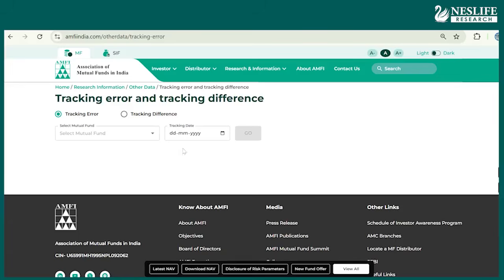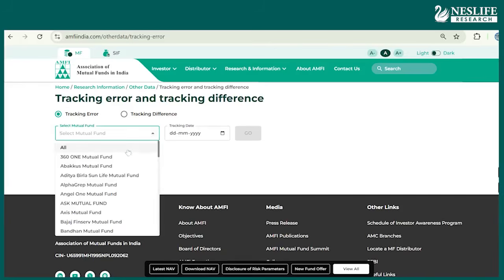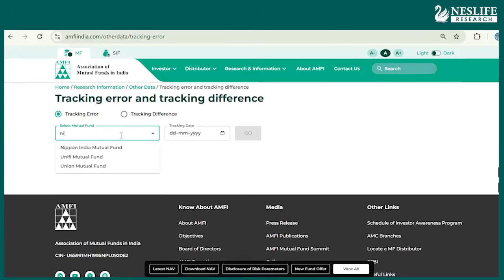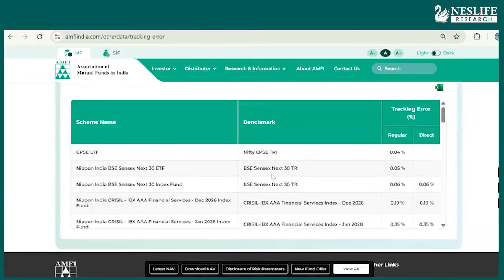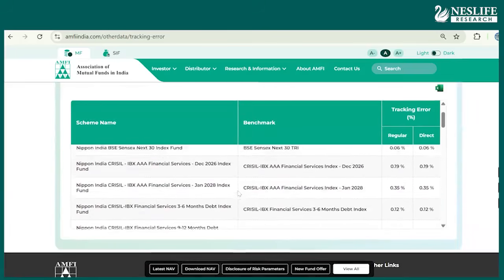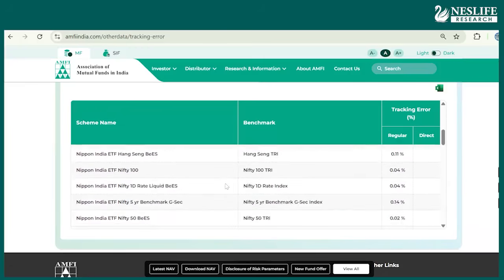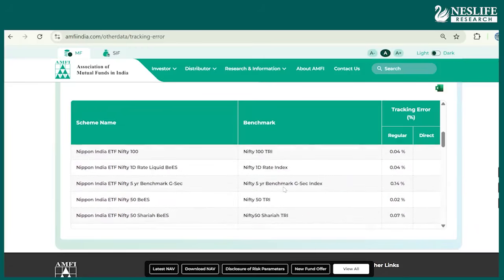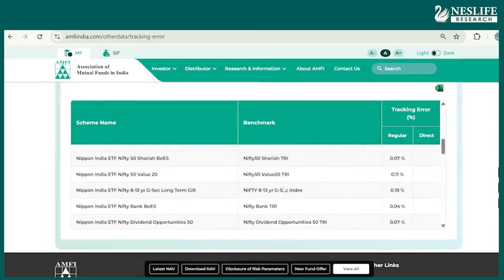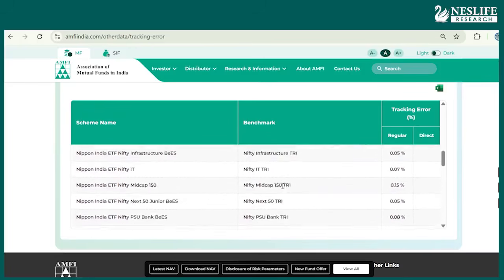So you can check tracking errors as well. Let's say you want to select one mutual fund. Okay, so here you can see Nifty 50 funds from Nippon. How much is the tracking error? I'll show the Nifty 50 tracking error.